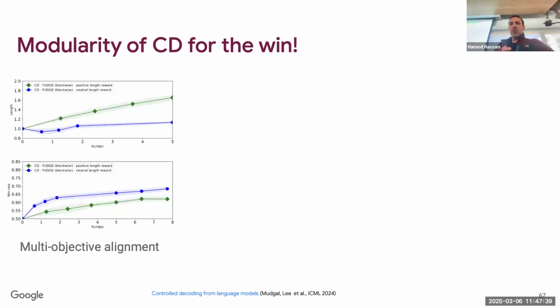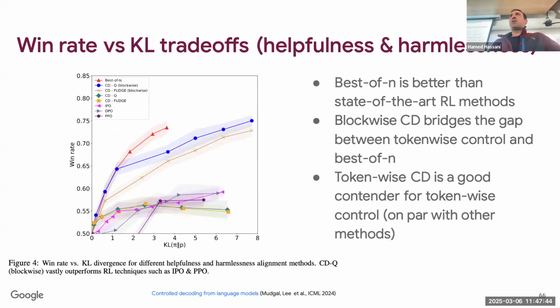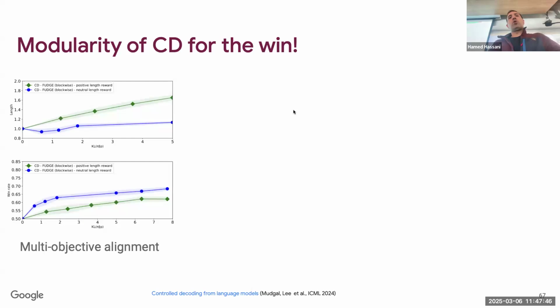Now, one of the good things about doing this alignment at inference time is that it's modular. What do I mean by modular? Let's say I have two different rewards. I can just combine the value functions for those rewards at test time with the base model. So now you have three models, you can get logits from all of them, mix them, and sample from the resulting distribution.